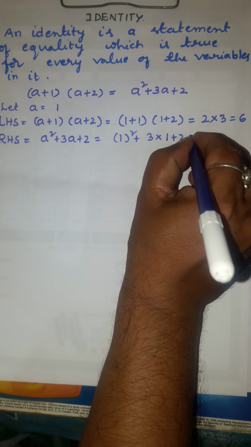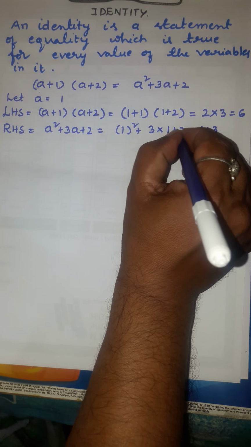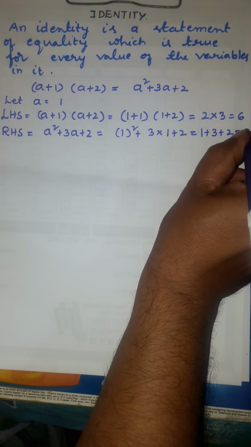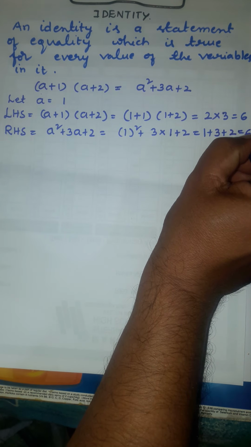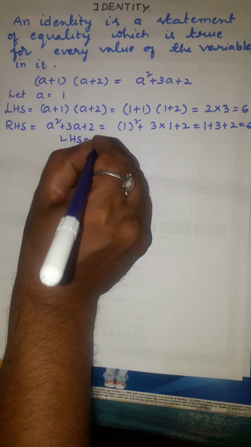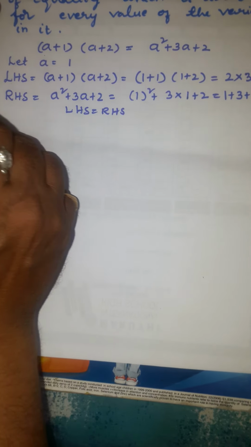So 1 square means 1, 3 into 1 is 3, 2 as it is, 3 plus 2 is 5, 5 plus 1 is 6. So here you have 6, here also you have 6. So LHS is equal to RHS. Let us try for some other values.